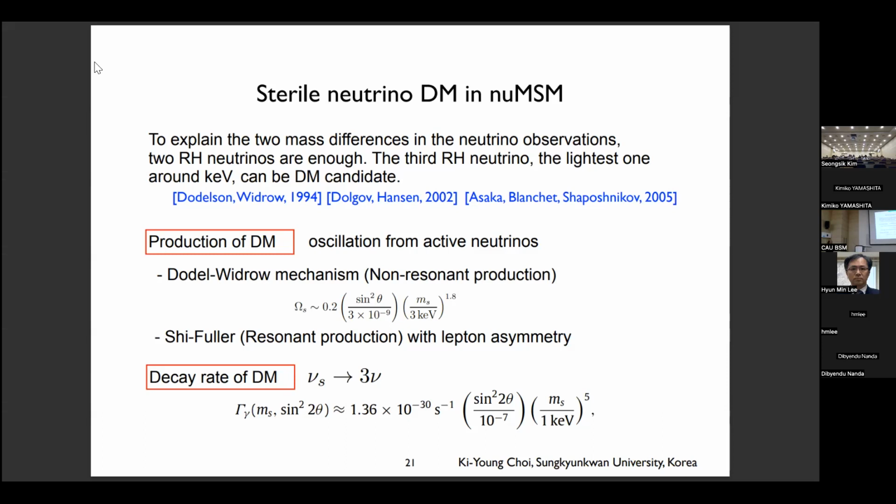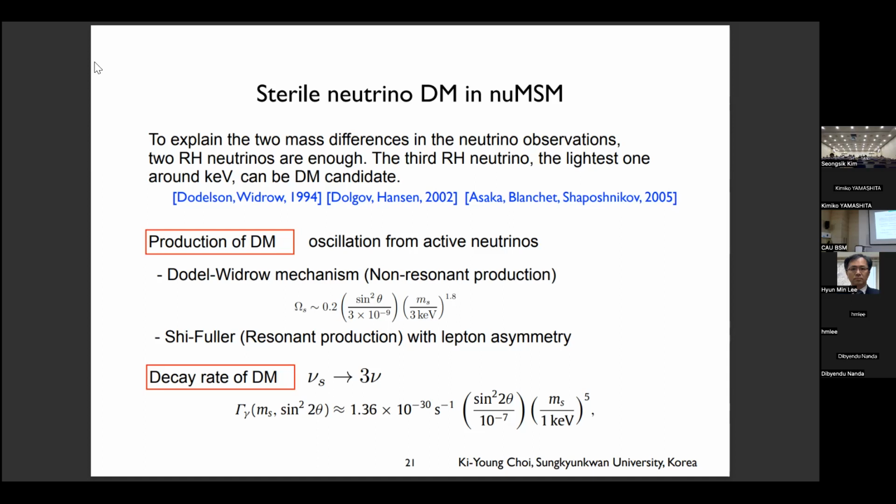So the Dodelson-Widrow mechanism. Basically, the active neutrinos are in thermal equilibrium in the universe. And from these active neutrinos, the sterile neutrino is produced through mixing. The sterile neutrino interaction is very weak, so it just remains in the universe.